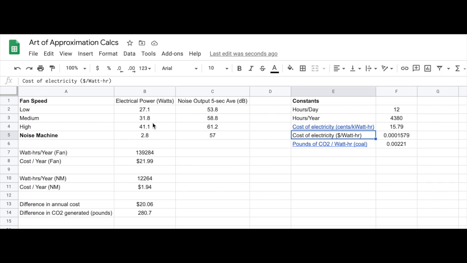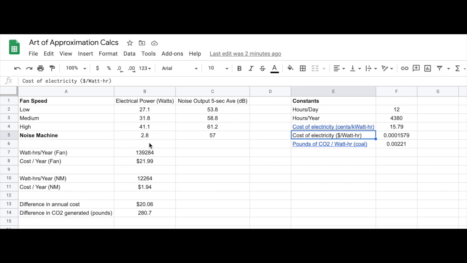So this is the data that I had written down, and then I did the same thing for the noise machine. And these were the values. You can see right away that the noise machine is significantly less power for the same amount of decibels, roughly. So that's kind of interesting. The fan needs a factor of about 11 times more electrical power.